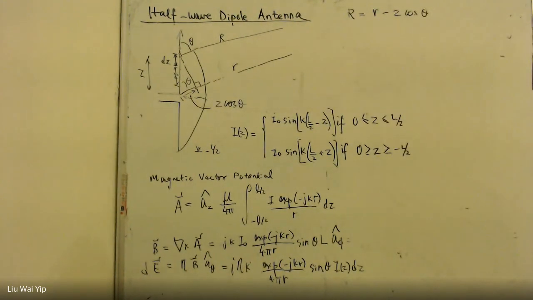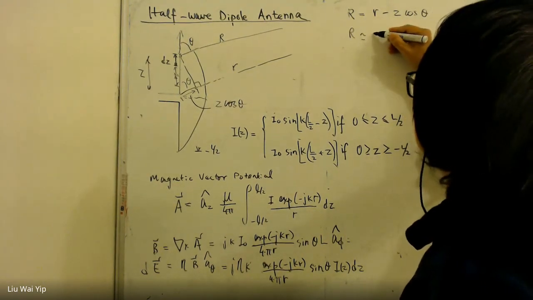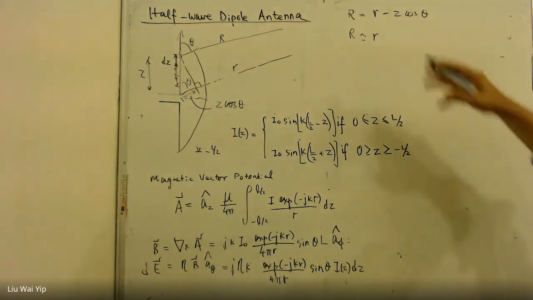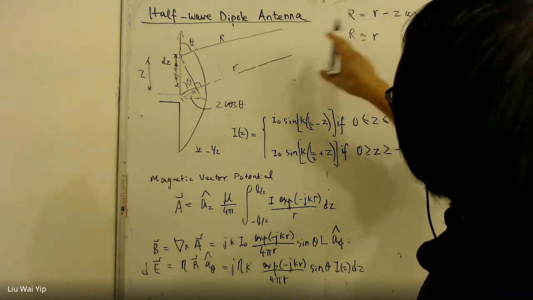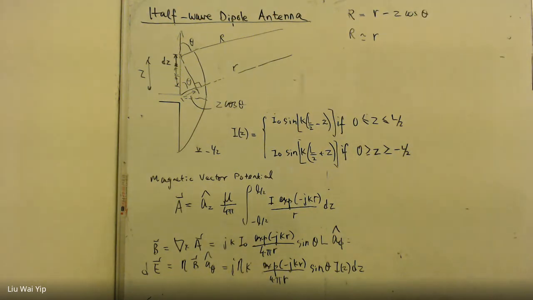On the other hand, we also need to make an assumption. R is more or less equal to R. So both of them are approximations, but we make the upper expression more accurate.